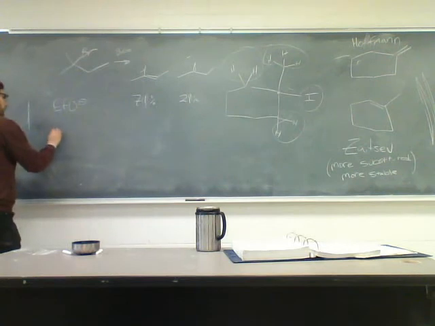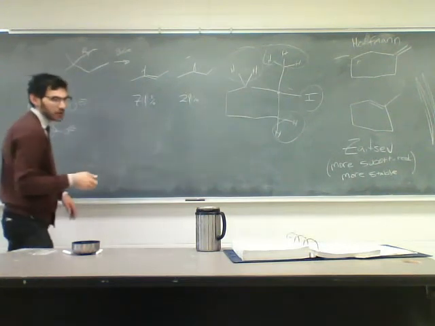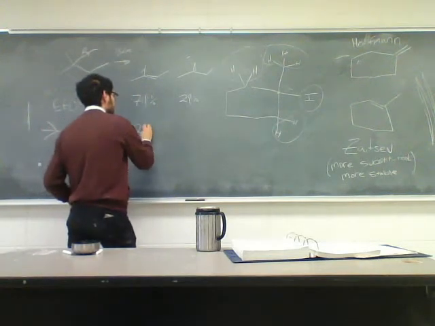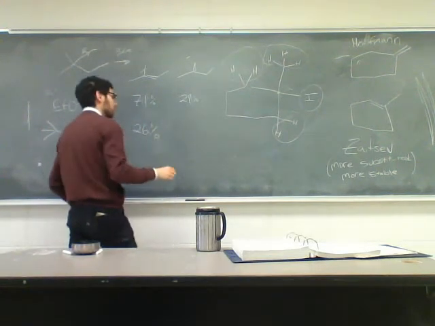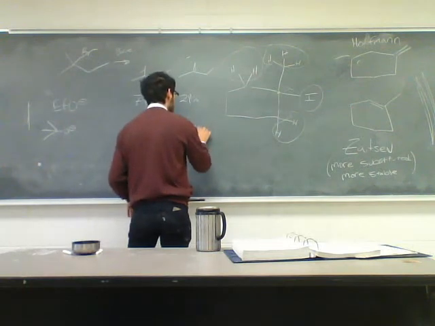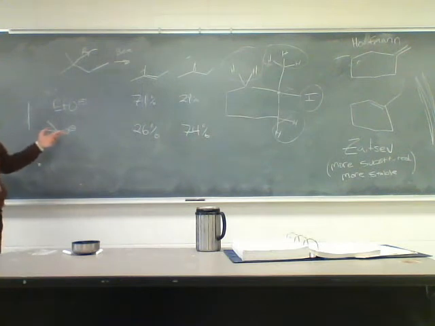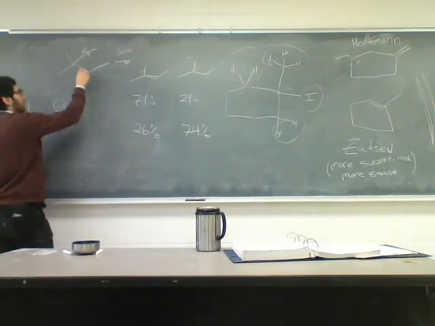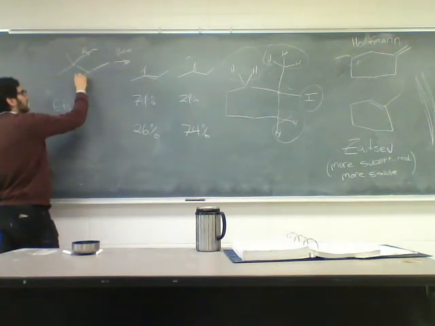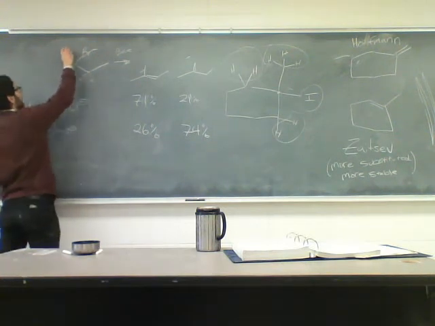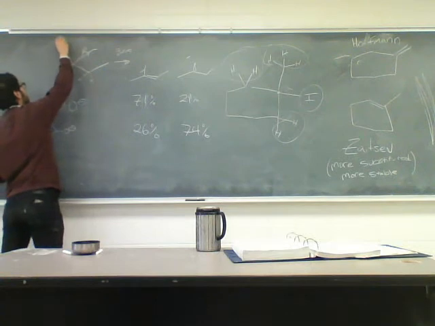And if we start bulking up our base and we use a t-butoxide, this is going to start pushing us towards the Hofmann product. This is because the ethoxide has a hard time coming in to attack these hydrogens, and it is much easier for it to attack these hydrogens.